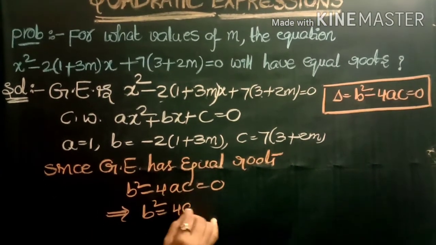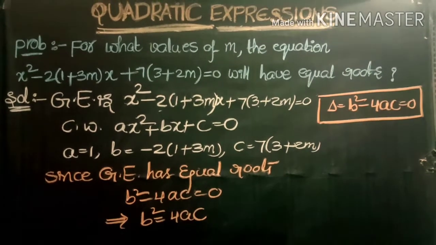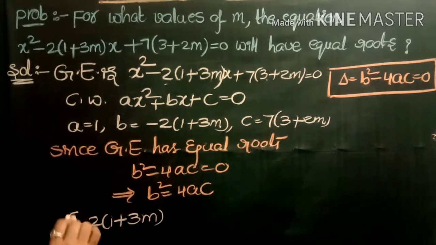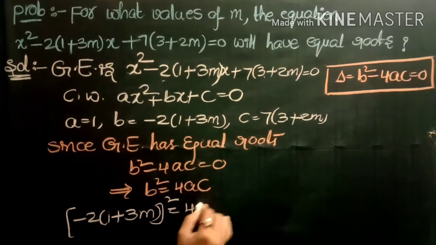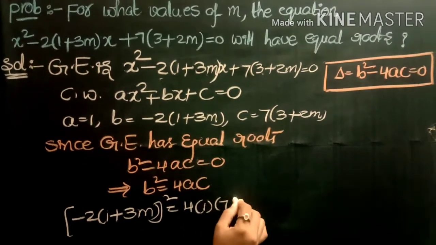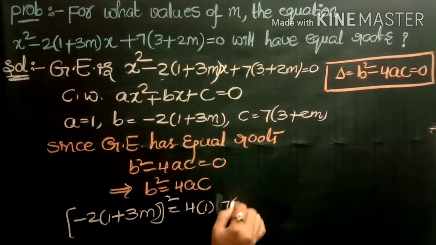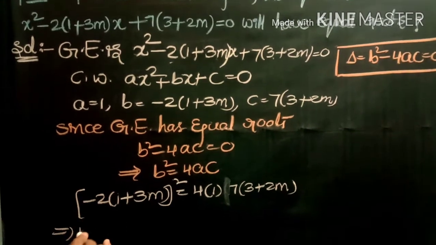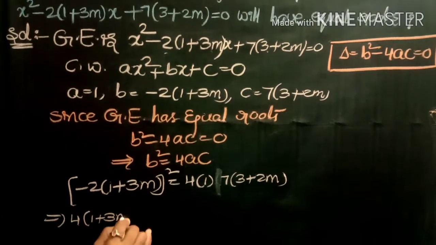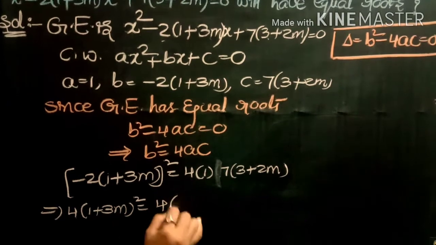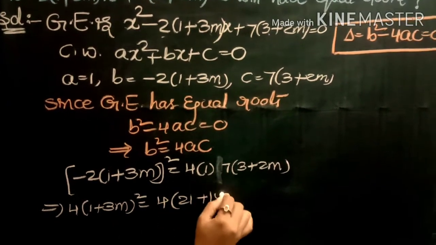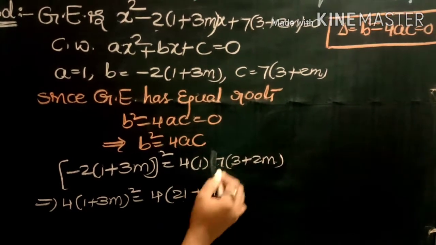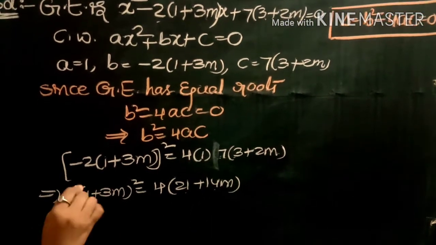Now replacing the values in this equation: (-2(1 + 3m))² = 4 into a value 1 into c value 7(3 + 2m), which implies 4(1 + 3m)² = 4(21 + 14m). Just taking the product of 7 into 3, 21, 7 into 2, 14m, which implies here 4 and 4 get cancelled.